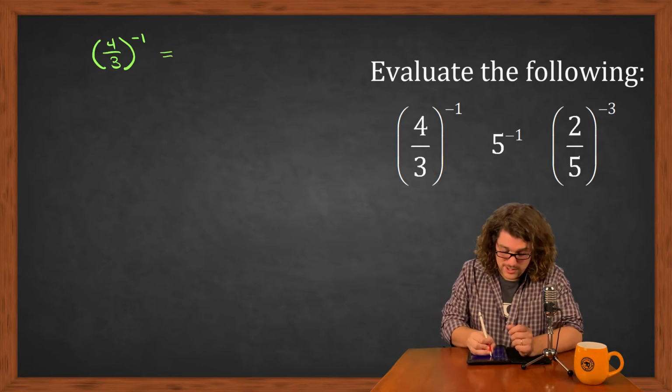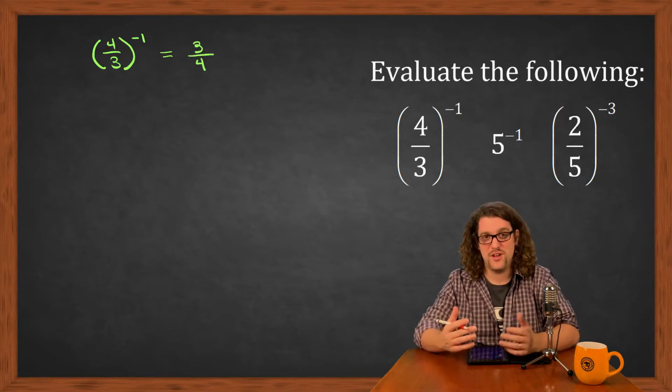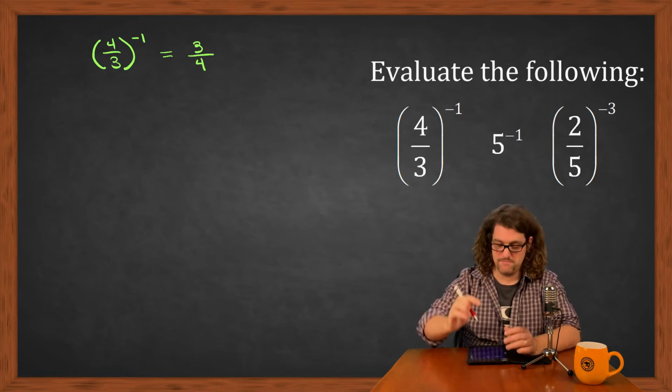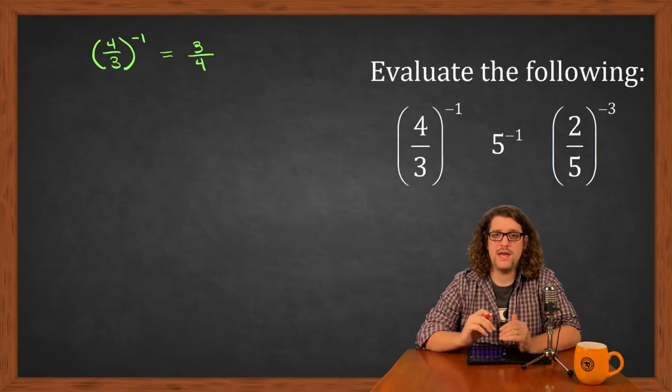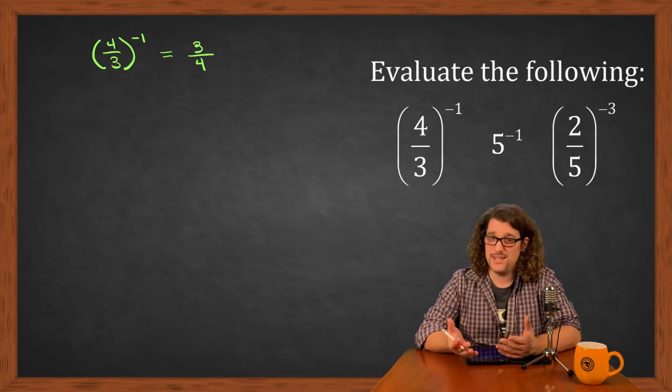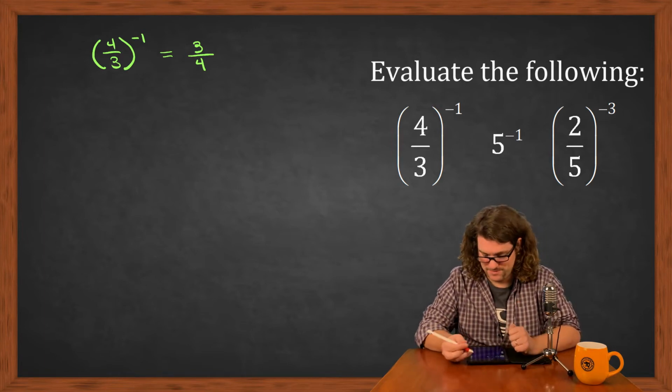So all we do in this expression is actually write the old denominator in the numerator position and the old numerator in the denominator position. So 4 over 3 becomes 3 over 4. That's all there is to that. We have actually done the -1 exponent, what that means. We have written it in a new form that no longer needs that -1 exponent. So we're done. Good to go.